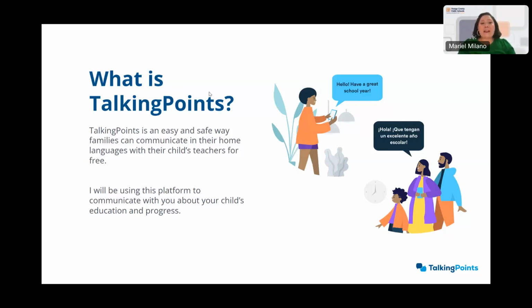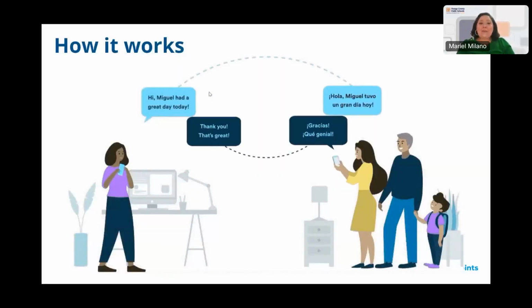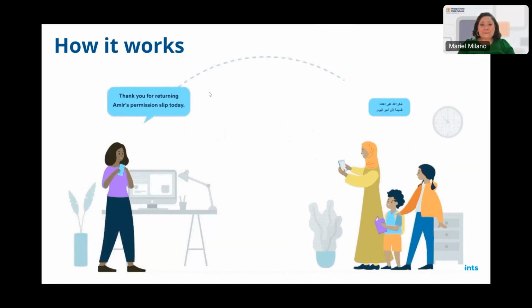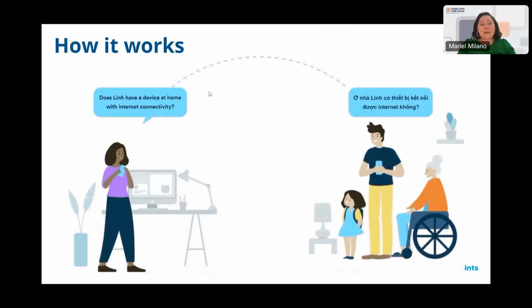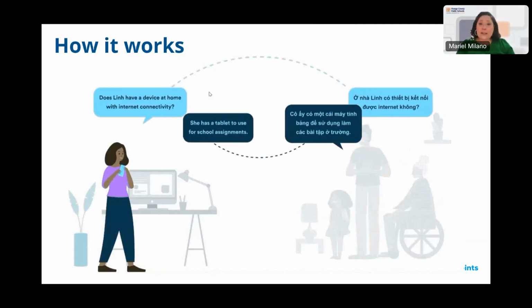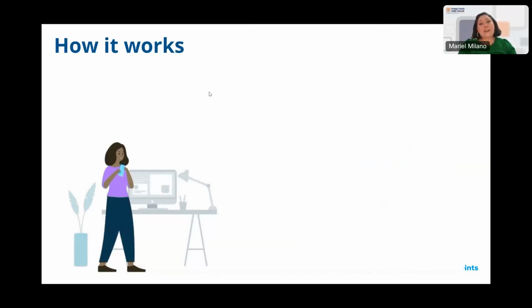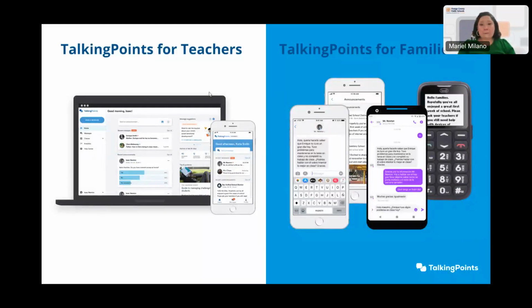So it makes it very easy to communicate about your child's progress. This is an example of how it works. You can see that they're talking back and forth easily without a translator because the Talking Points platform helps them to translate easily on its own.